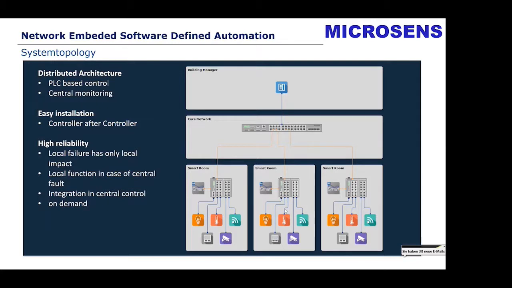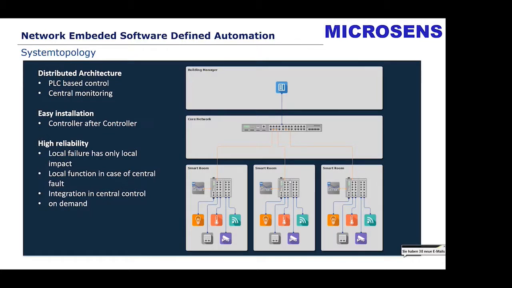One of the advantages is that you can run the system step by step. This means you can run smart room controllers one after the other. You don't need to complete the installation before you start commissioning, but you can do it step by step.